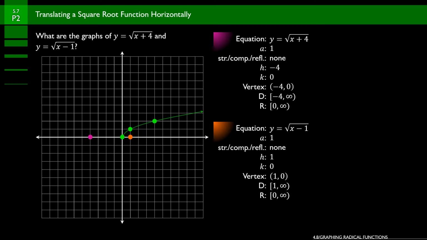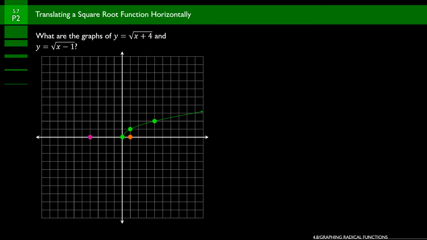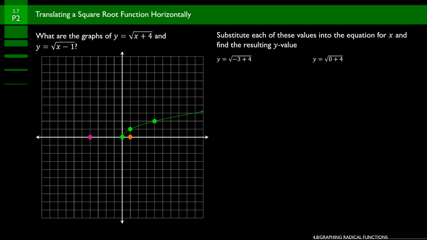Now, this is where it gets a little bit more complicated, in that we want to put in values for x that are going to give us a radicand of 1 and 4. So ask yourself this question. What value of x am I going to substitute, that I'm going to add 4 to, that is going to give me a result of 1? So 4 minus what equals 1?